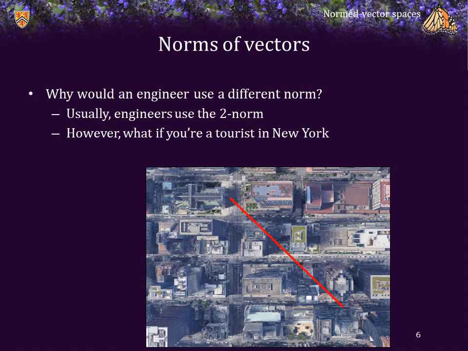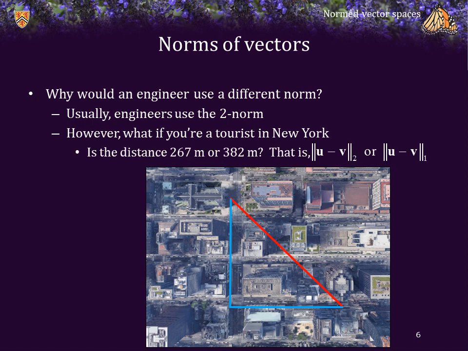Which distance are you going to give? Are you going to give the distance as the bird flies, or would you give the distance as the fox runs? Well, of course, if you're writing this app for a tourist, the tourist is going to have to be following the streets. And so consequently, what distance do we want to give the tourist?